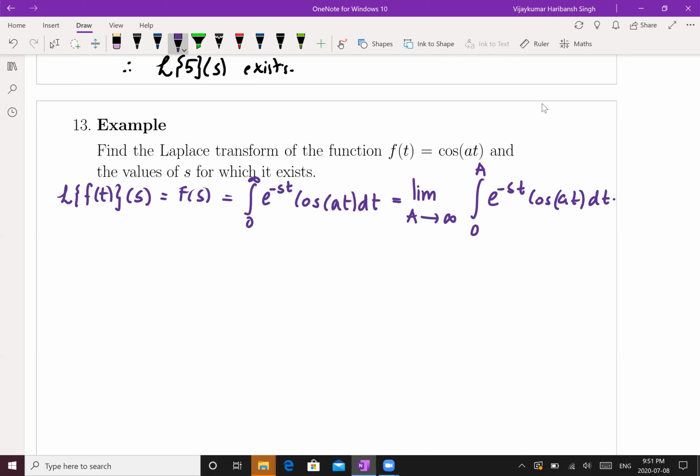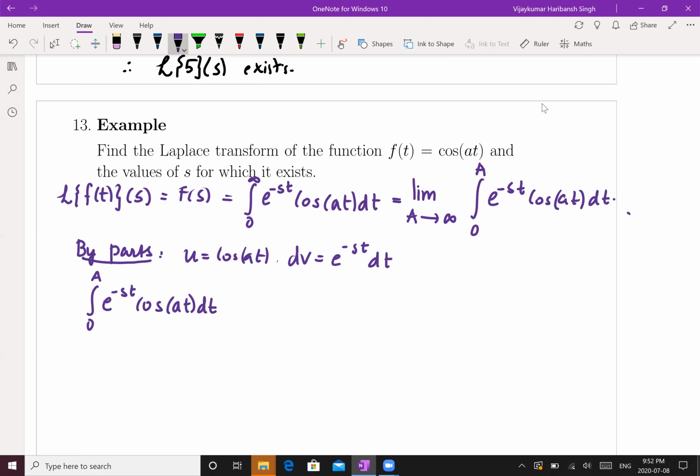Now we'll compute this integral using integration by parts. So if you do integration by parts, your u is cos of at, and your dv is e to the power minus st dt. So integration by parts will give me, from 0 to a, e to the power minus st cos of at.